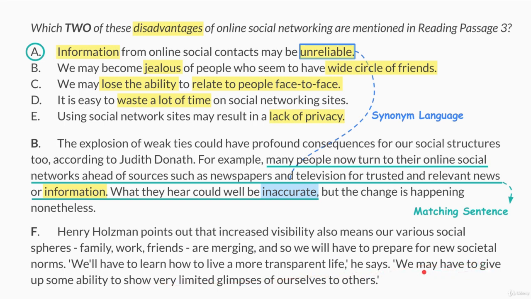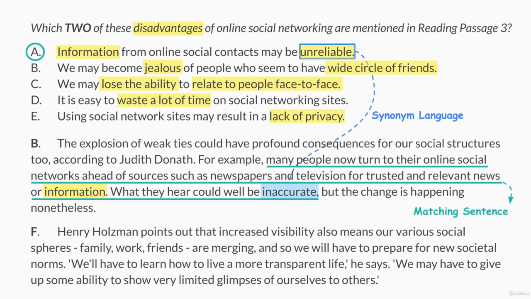Right here it says, we may have to give up some ability to show very limited glimpses of ourselves to others. It's basically saying that we have to learn to live a more transparent life. Okay? We have to live a more transparent life. We have to be more open with other people about what we're doing, about what's going on in our lives.